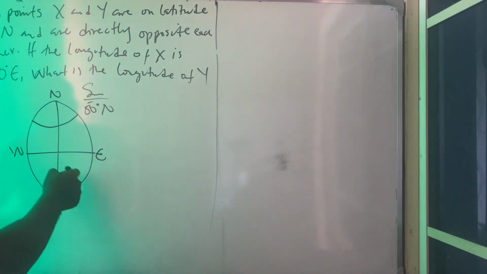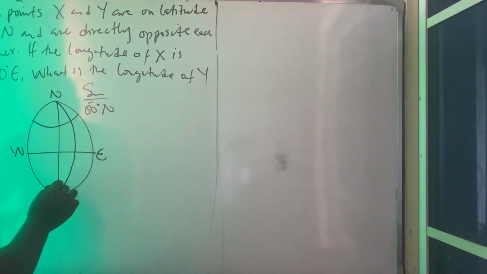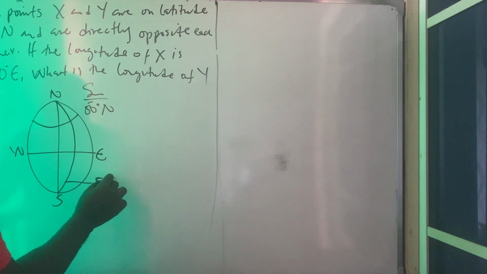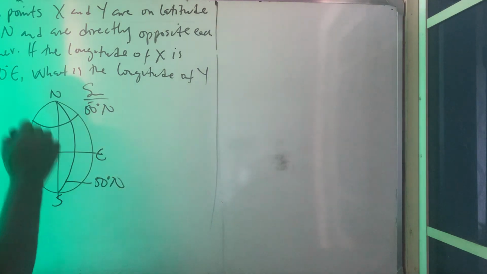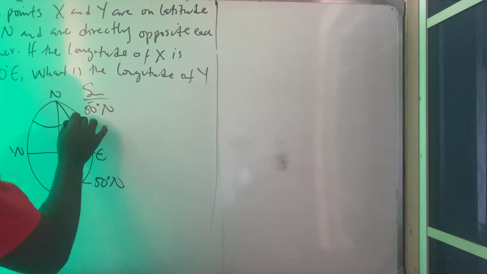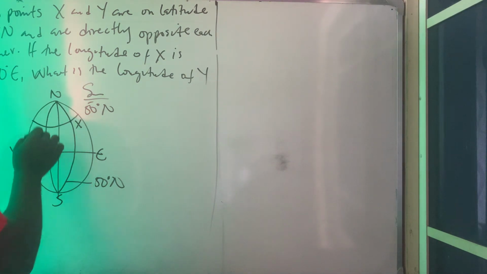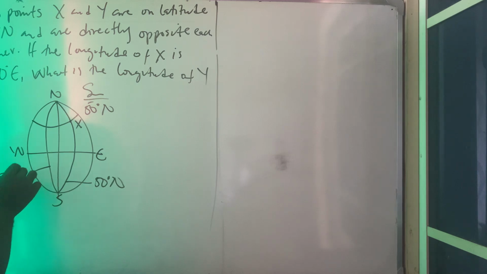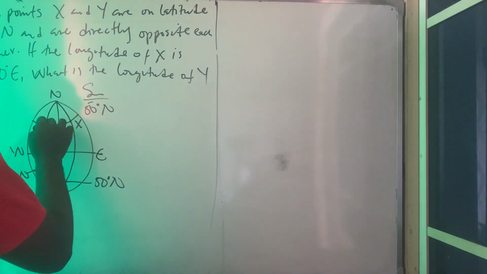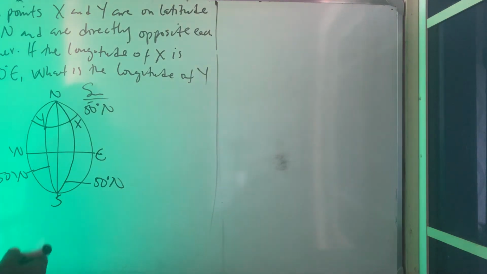So 50 degrees east is this side. This line is my 50 degrees east, and this is the point where they meet. This is my point x. If it's directly opposite, it is going to be the same 50 degrees west. This is where they meet. This is my y. So my y is 50 degrees west.